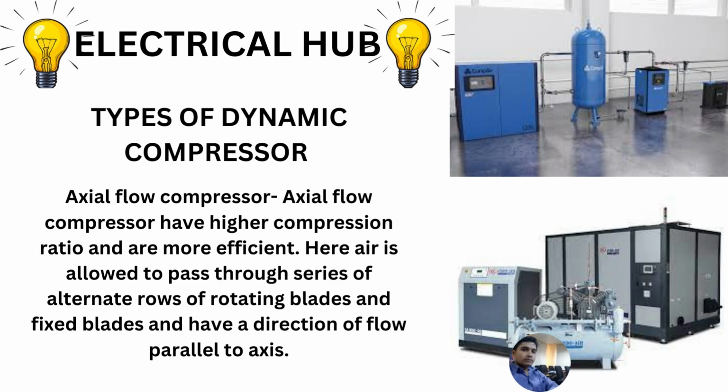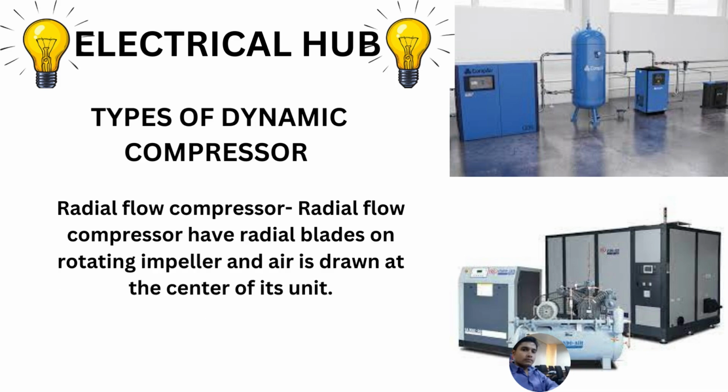Here, the air is allowed to pass through the rotating blades in the axial direction, while in the radial flow compressors, the airflow is in the radial direction and the air is drawn at the center of the unit.